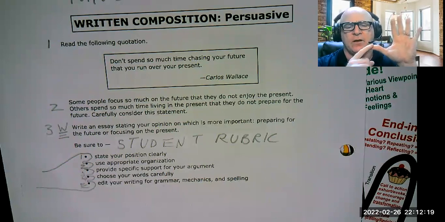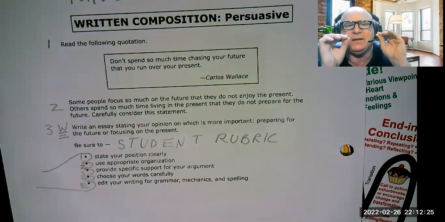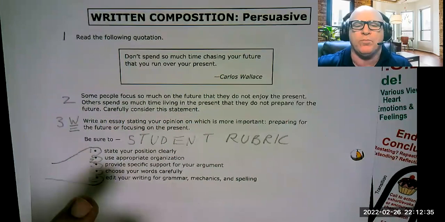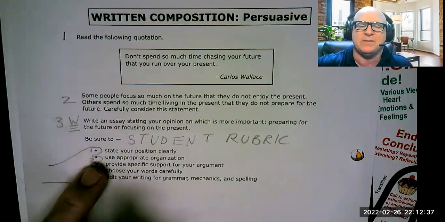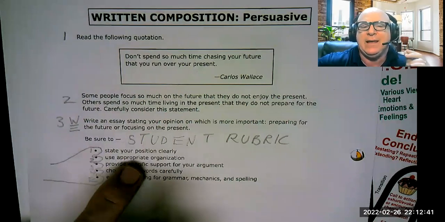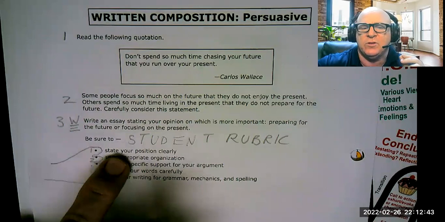Okay. They also said, make sure that that position is clearly responding to the specific demands of the prompt. Okay. How do I get to 2 land? Use appropriate organization. Well, besides stating your position in a specific demand to this prompt, let's go ahead and read it now.